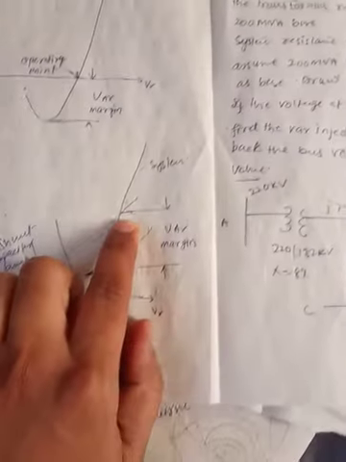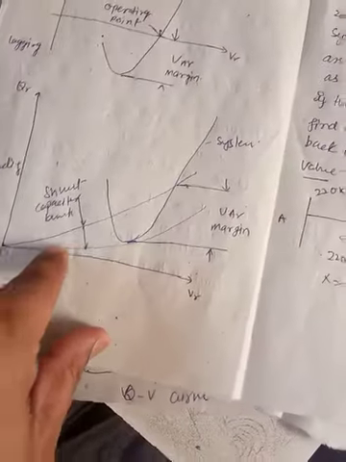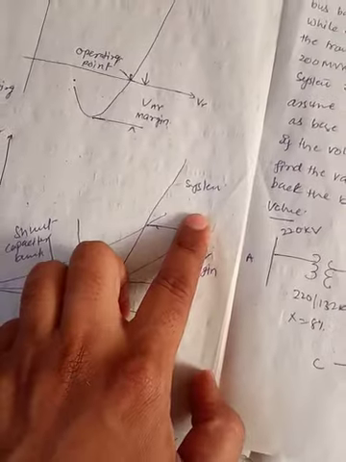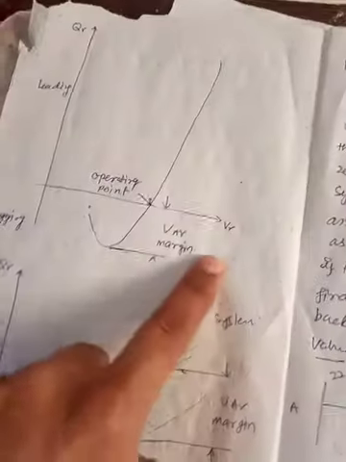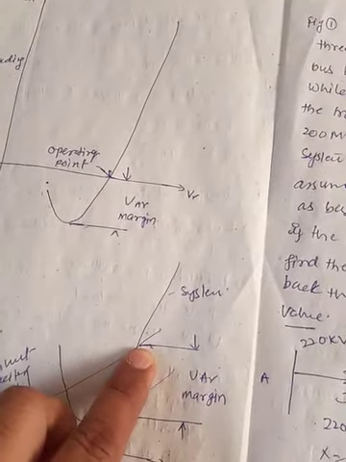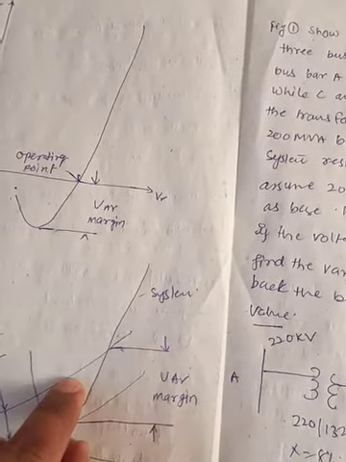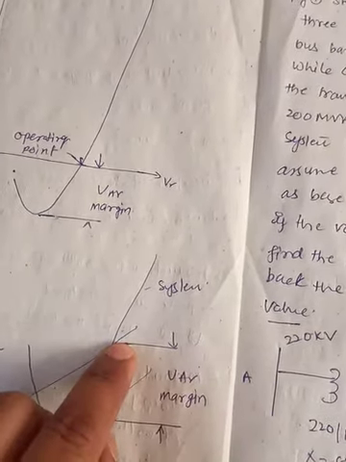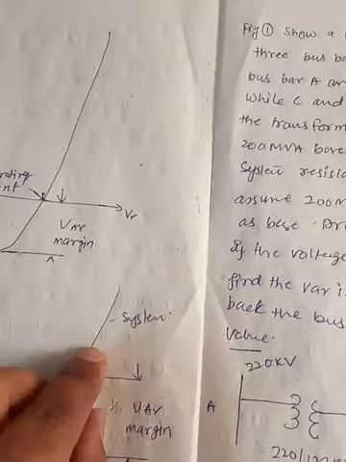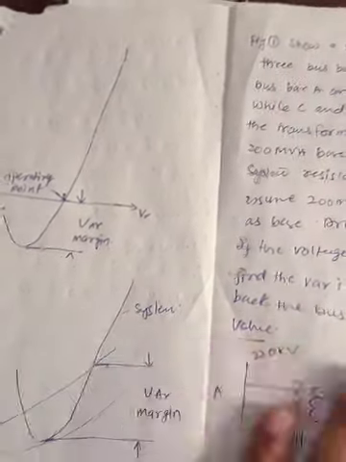So this is the operating point, where this is the characteristics of the shunt capacitor bank, and this is our VQ curve. This operating point for this compensating device tells you that over here the system will be much more stable. So this is one more benefit of the VQ curve.